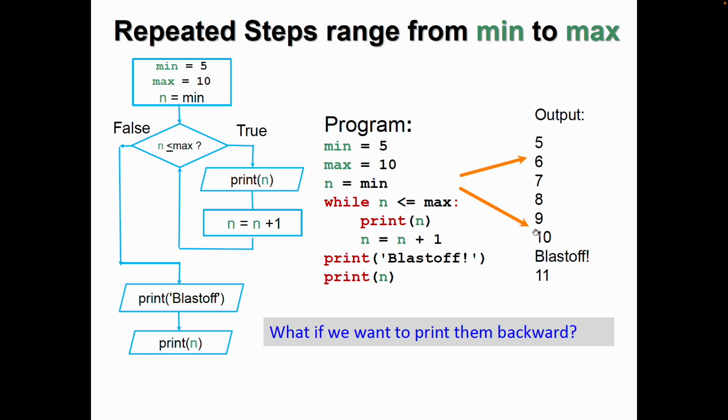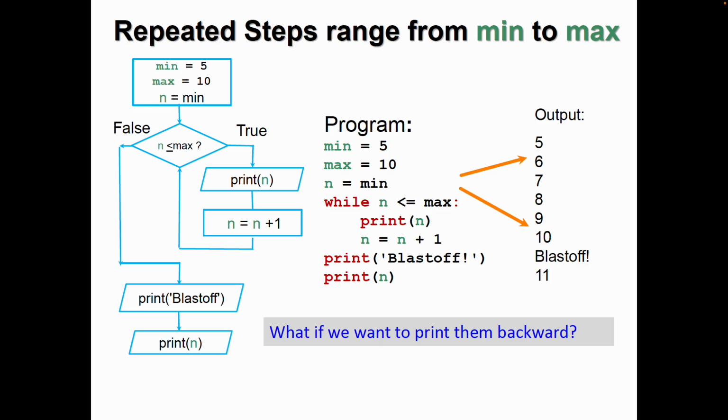When I come to 9, I will increase it to 10. Then check it again. 10 is less than or equal to 10. Yes, it is true. So I will print also 10. Then I will increment it by 1, which will make it 11. Is 11 less than or equal to 10? No, it is not. So I will exit from the while loop, and then I will print the rest.